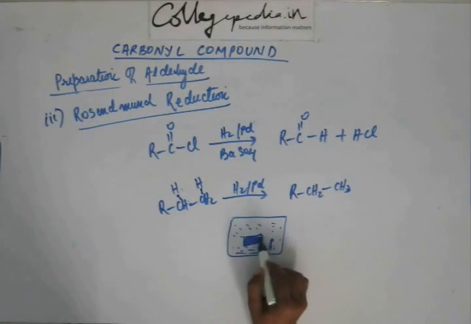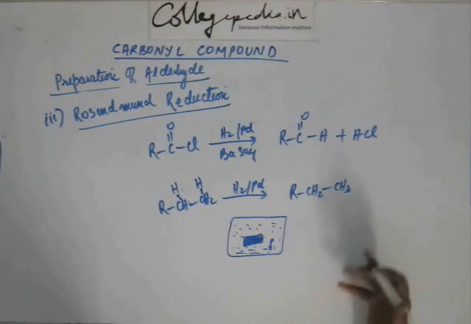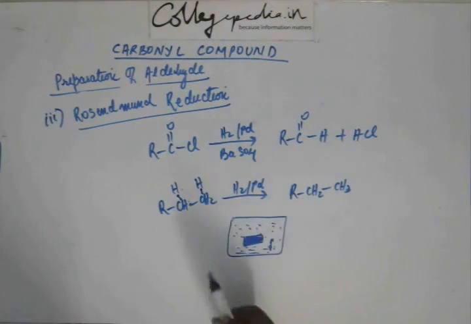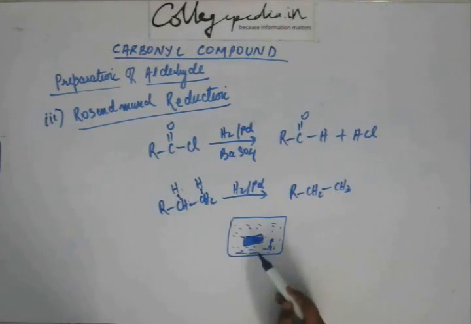Now this palladium is going to absorb this alkene, because palladium, being a d block metal, has attraction. D block metals have low shielding effect, so the nucleus attracts electrons. In alkene and alkyne you have pi electrons, so those are attracted by the central metal atom. That's the reason palladium attracts alkene and alkyne.